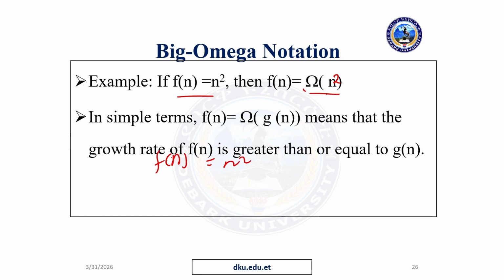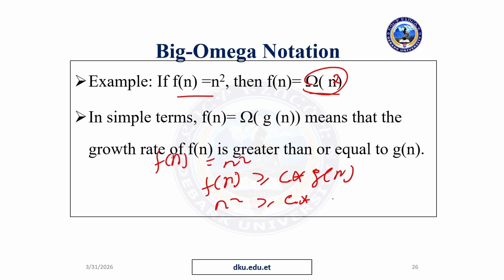To prove big omega of n squared, we need f of n greater than or equal to c times g of n.